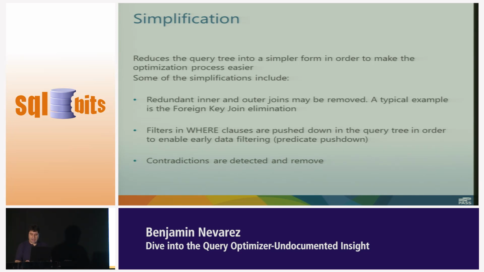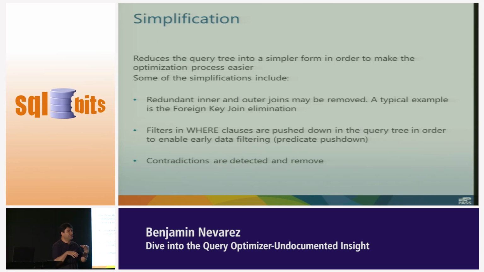Okay. Now let's go to something a little bit more interesting, where you can benefit and get better performance when you understand how this works: simplification. So far we have a logical tree of operations.